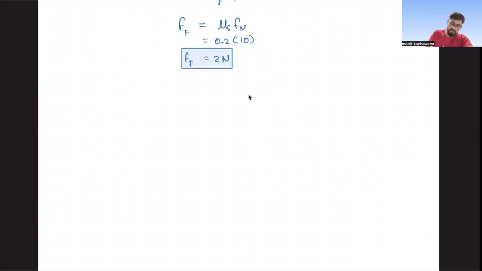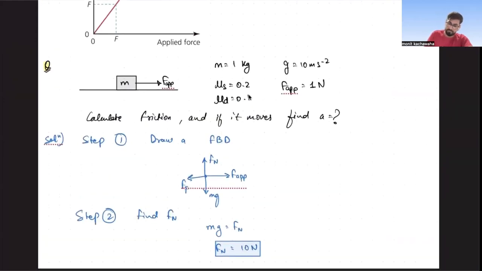Now, step 4 is very important to understand. What is step 4? Now, what we have to do is compare the F maximum, the maximum friction, with F applied, whatever the force is applied. How much force are we applying? 1 Newton, right?